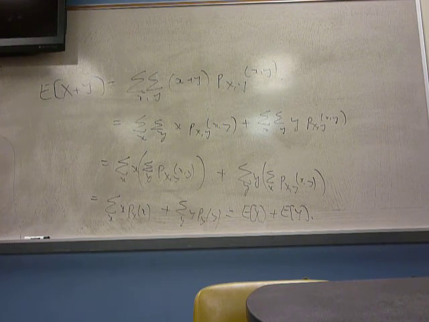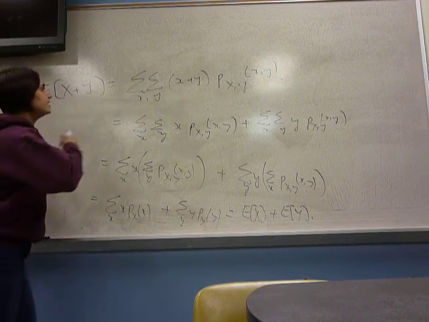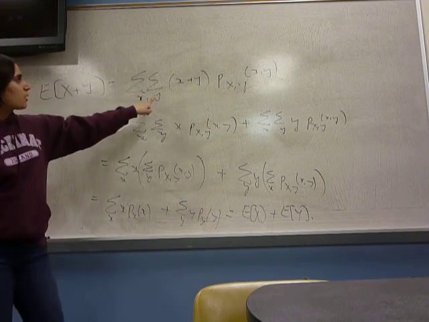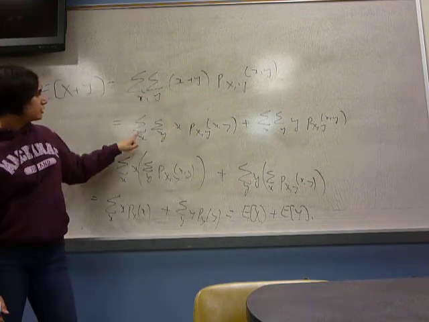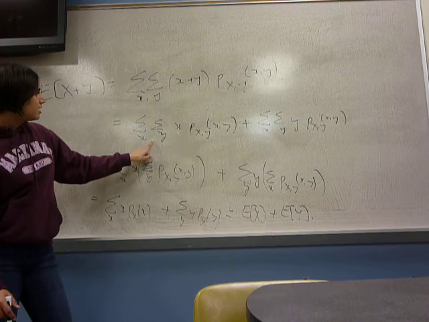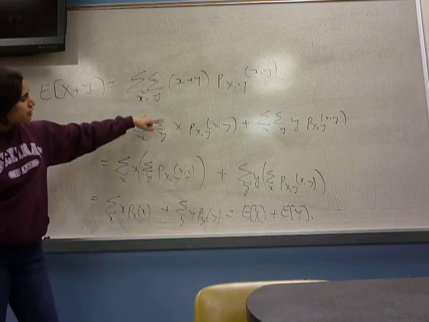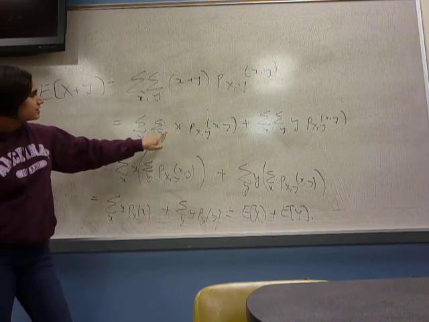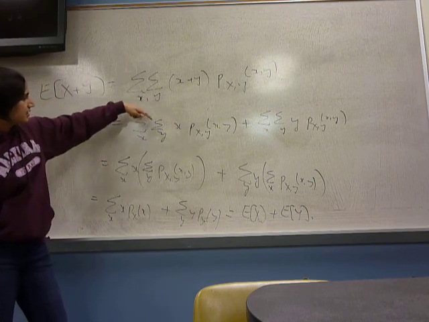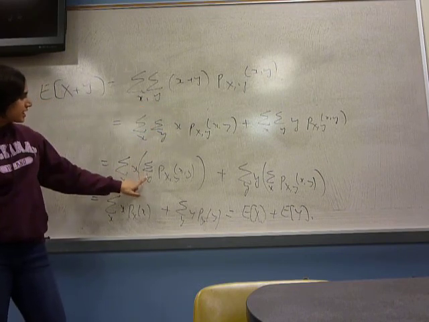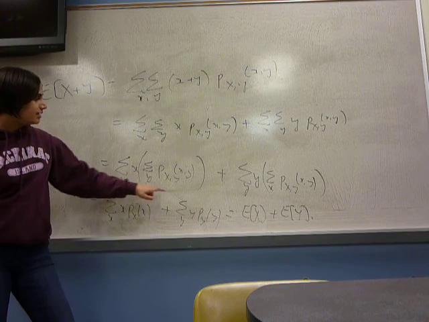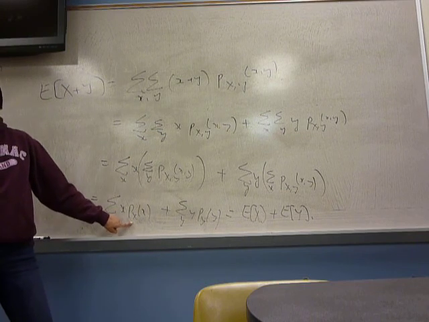So with sums, there's no real problem. You don't need independence, because when you look at this term, you sum out your y's. So you take the sum over all y's. This x isn't affected by summation over y. So you get summation over y of this, and that is just the probability mass function of x.